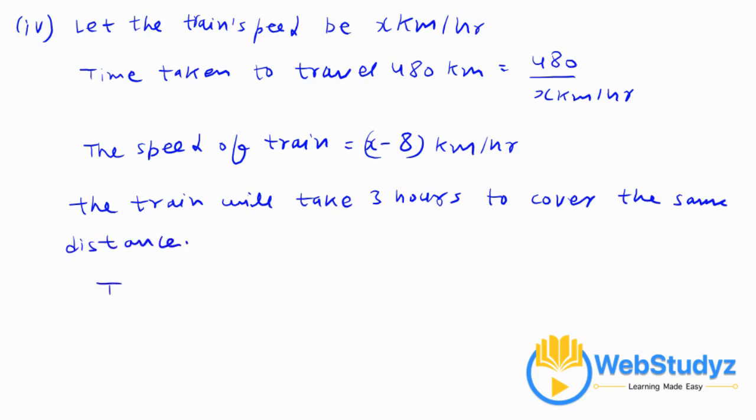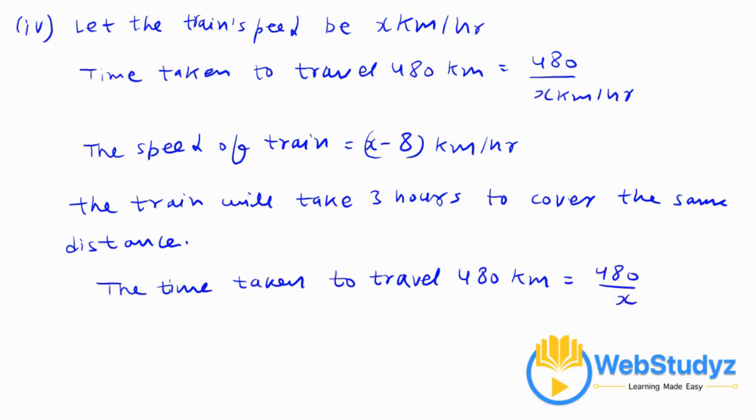Therefore, the time taken to travel 480 kilometer will be 480 by x plus 3 hours.